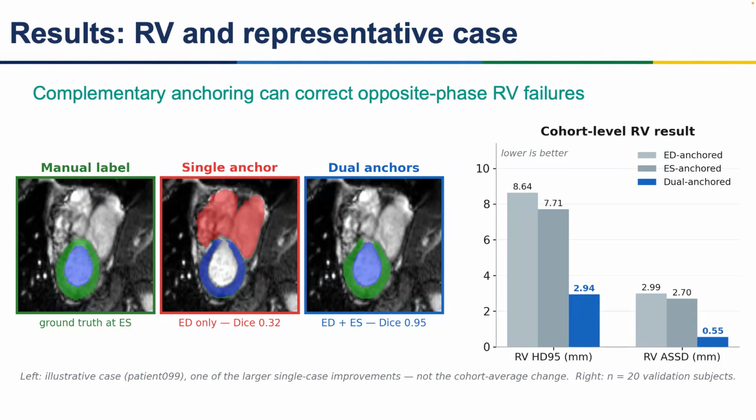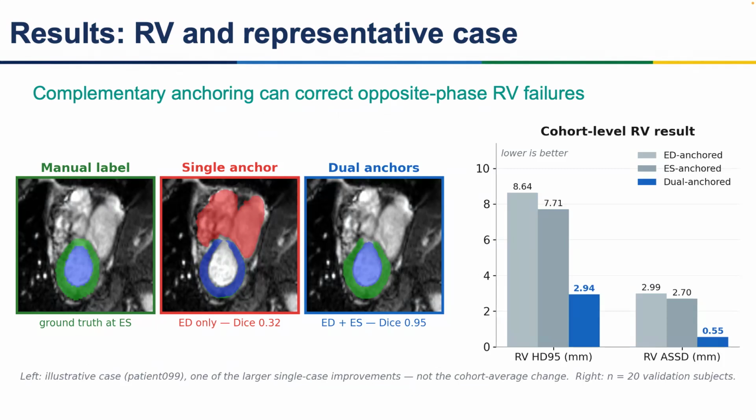So here, this figure shows an illustrative failure case from patient 99. On the identical end systolic frame, an ED anchored propagation carries an erroneous right ventricular region into the contraction phase, resulting in a DICE score of 0.32 in this case, which is really bad.